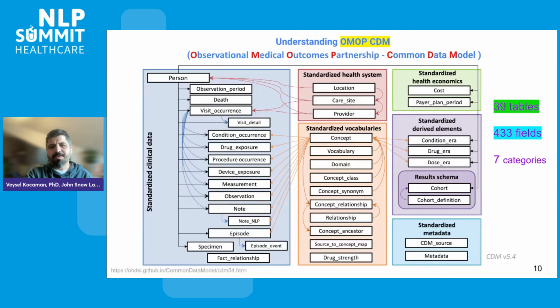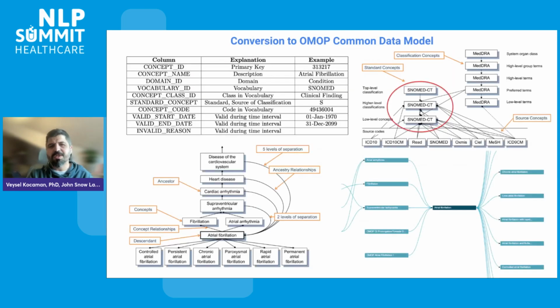In OMOP, there are 7 categories with 39 tables and more than 400 different fields, columns, let's say. So this is quite a cumbersome process if you want to go from your data format to this format, because, as you can see here, even for one single clinical term, let's say atrial fibrillation, you need to find its parent and child concepts.